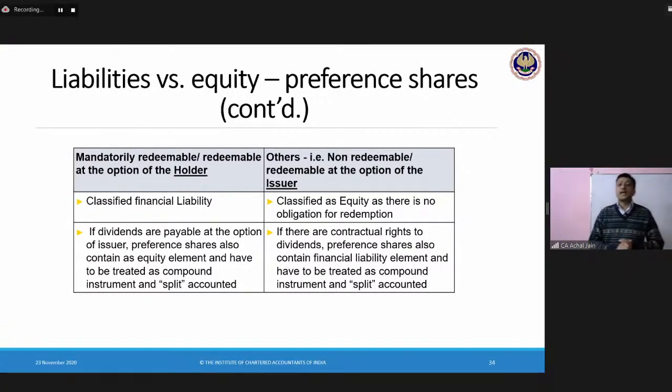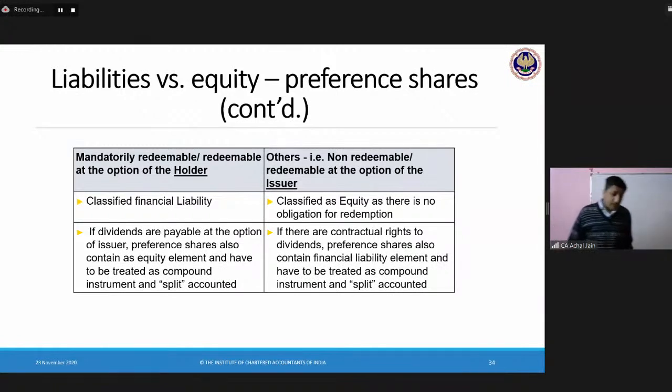At every point of time, remember that the measurement of financial liability is something we have already understood. Whether it's a financial liability derived through test 1 or test 2, its measurement will happen the same way as we discussed under classification of financial liabilities and its measurement. That understanding should not change.